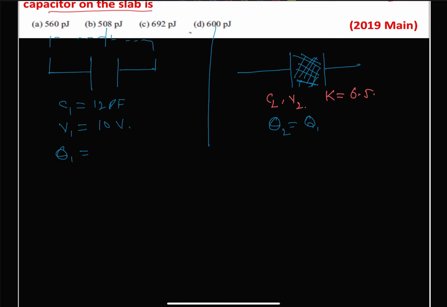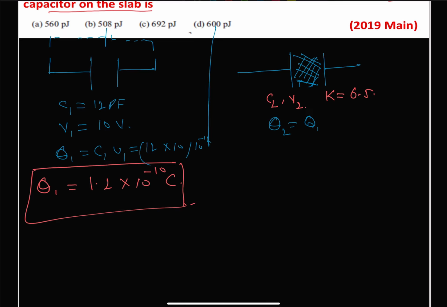So we can easily find Q1. Q1 is equal to C1 V1, which is 12 multiplied by 10, and this comes at 10 to the power minus 12. So we get Q1 is equal to 1.2 into 10 to the power minus 10 coulombs.